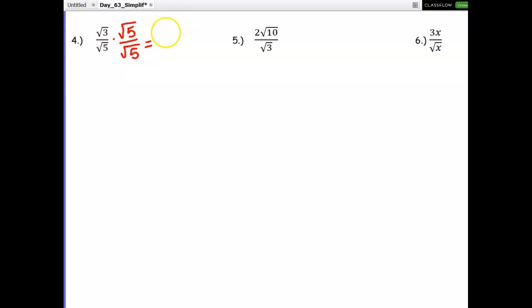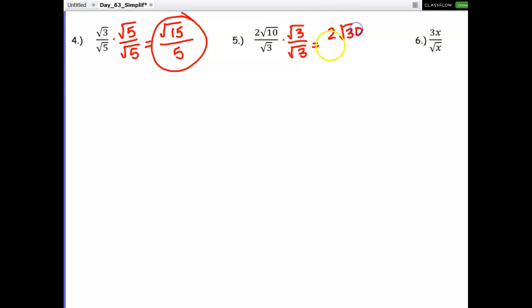We go straight across, and we've got radical 15 over 5. Number 5, we'll multiply by radical 3. We multiply straight across, and we get 2 radical 30 divided by 3. And 30 is in simplest radical form, so we're going to leave it like that.